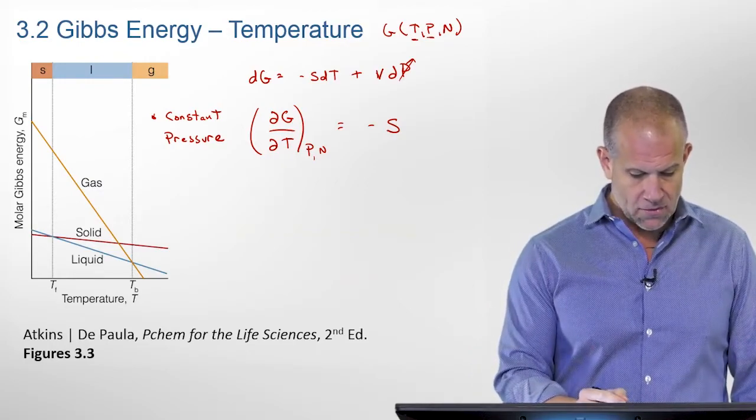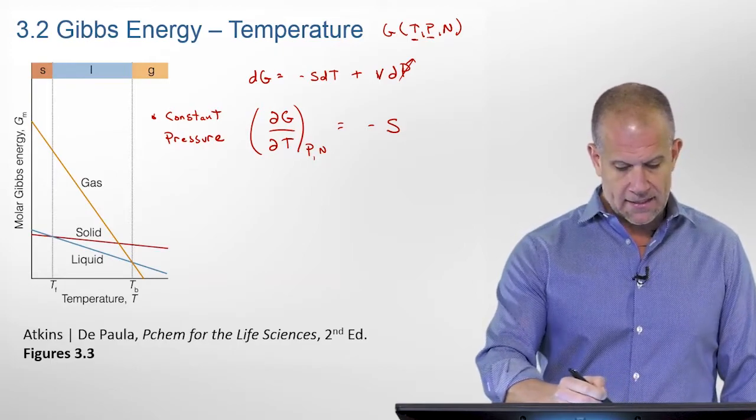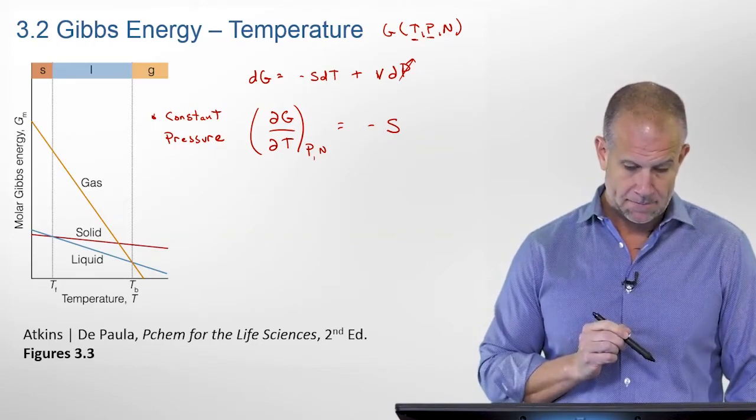And so this is showing you the temperature of freezing and the temperature of boiling. And you can see where you stay along the lowest free energy path of all of these.